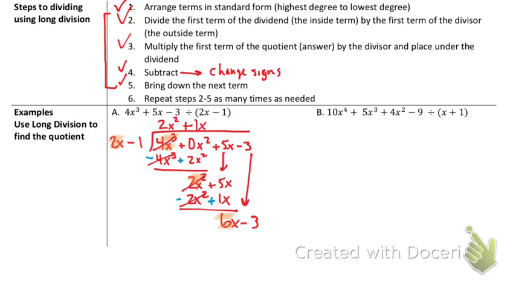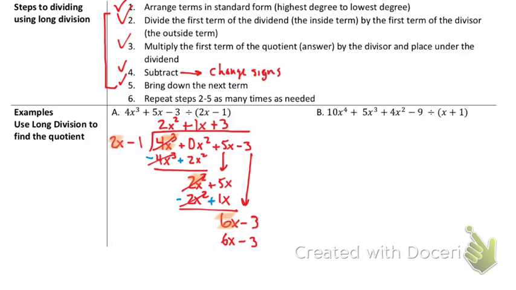So the first guy on the inside divided by the first guy on the outside. So 6x divided by 2x, that's going to give me positive 3. Positive 3 times both of these, and they go underneath. So 3 times 2x gives me 6x. 3 times negative 1 gives me negative 3.